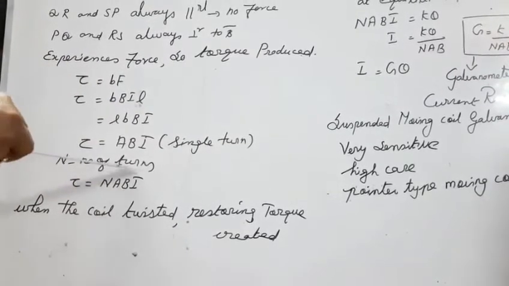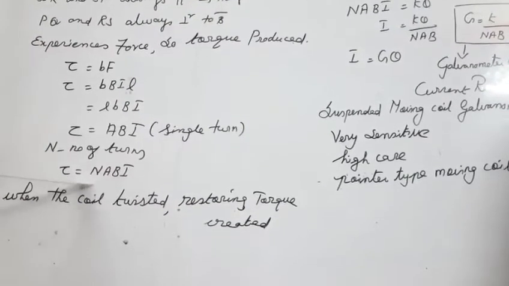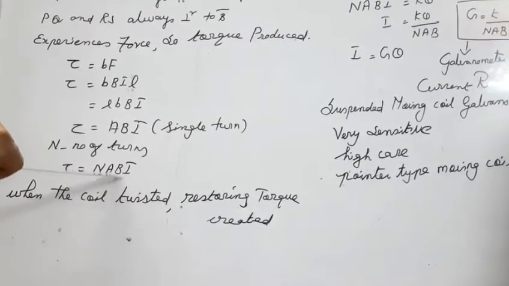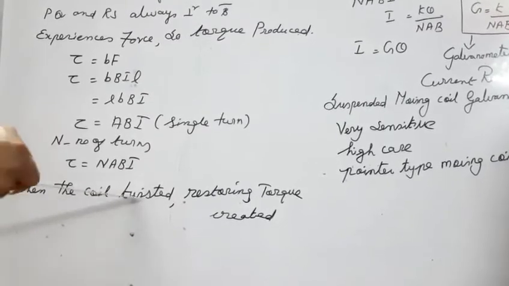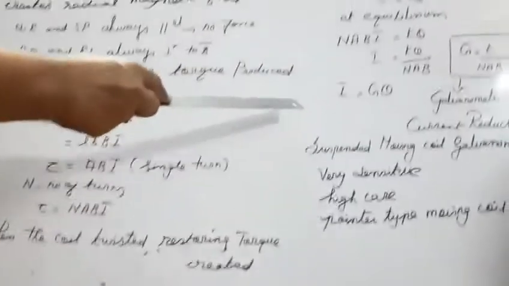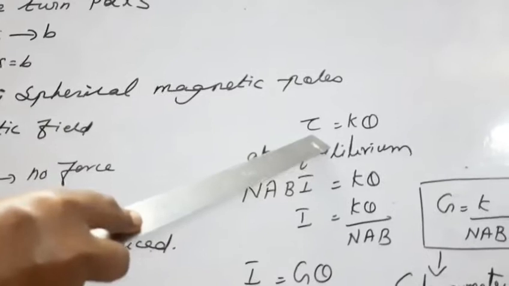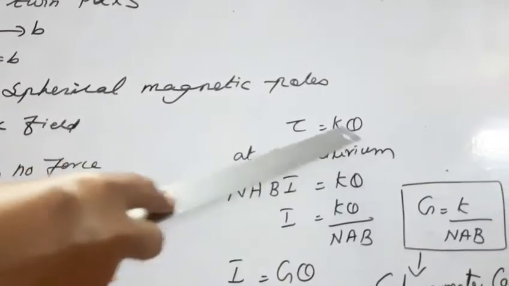Suppose a number of turns are present in this rectangular loop. Therefore, tau is equal to capital NABI. When the coil is twisted, a restoring torque is created. And next, for the restoring torque, we write tau is equal to K into theta.